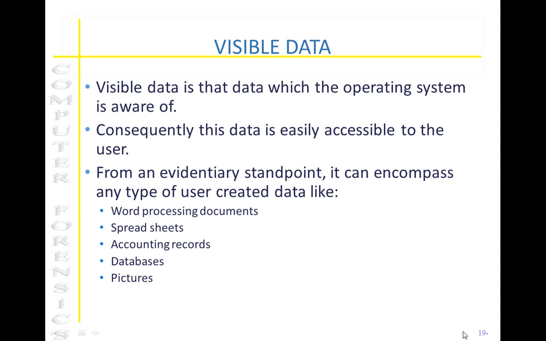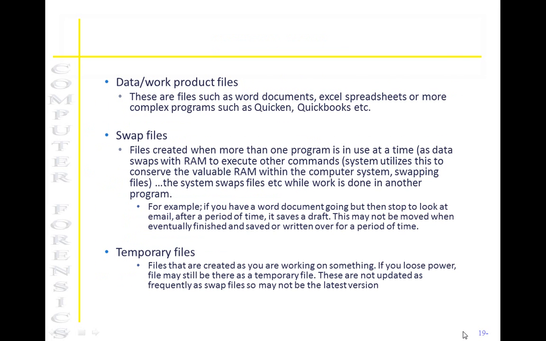So it might be things such as spreadsheets, databases, even simple Word documents. It might be stored as work product files, or it could be stored as swap files, or even as temporary files.